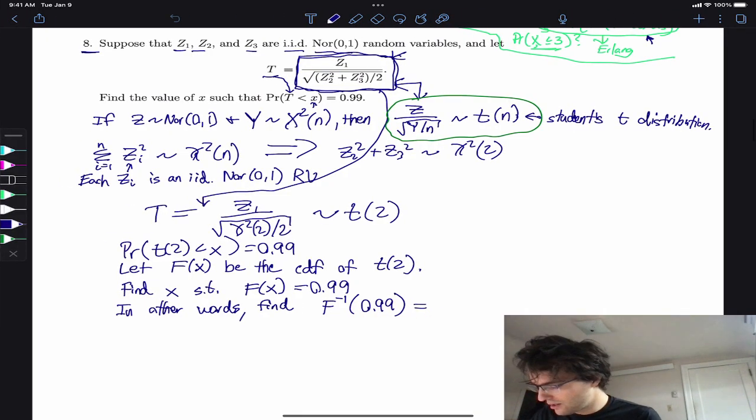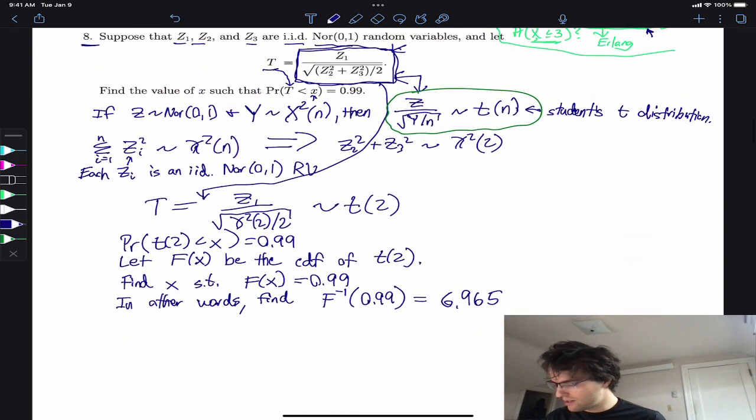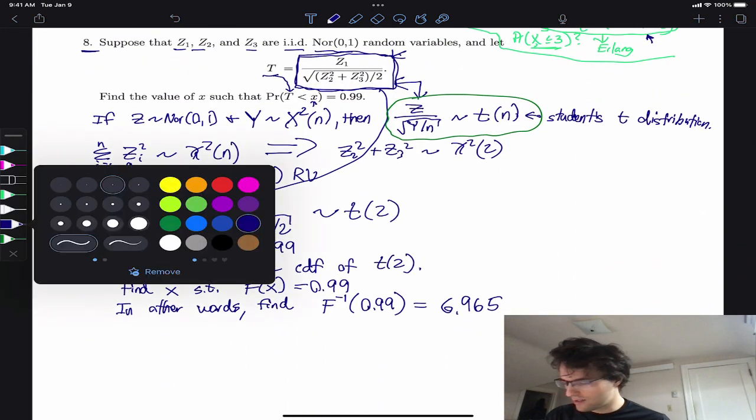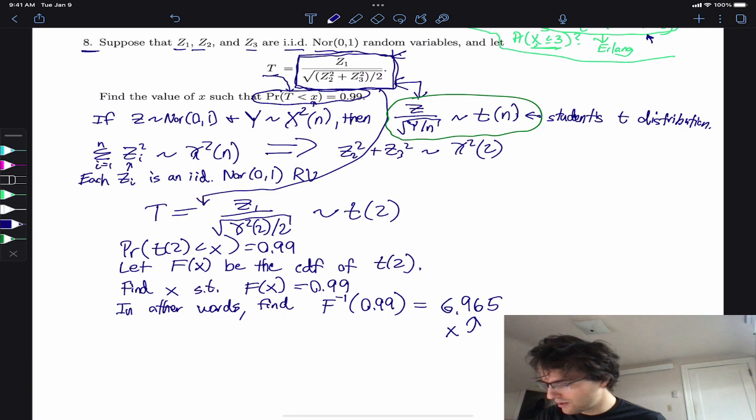So going back, that is our answer. That is what x is, the x we were looking for.